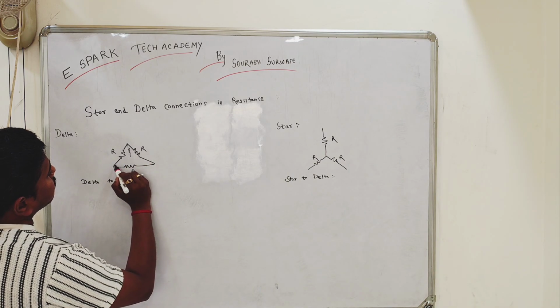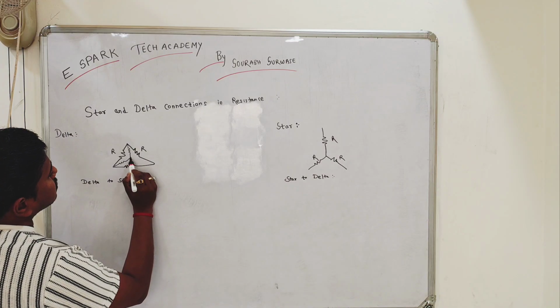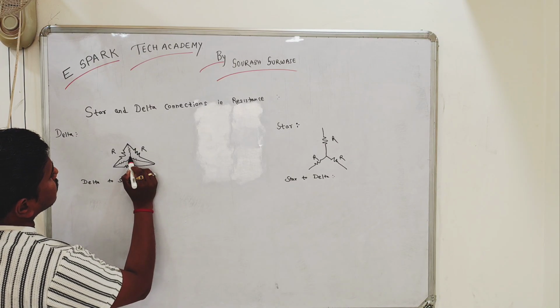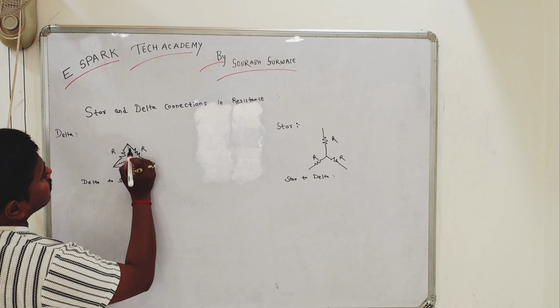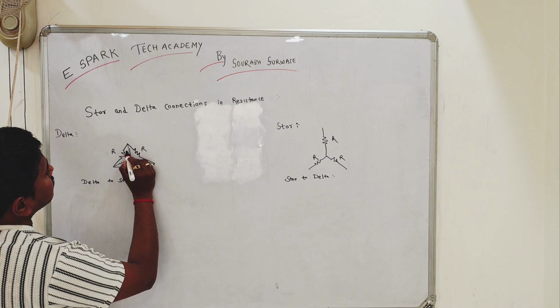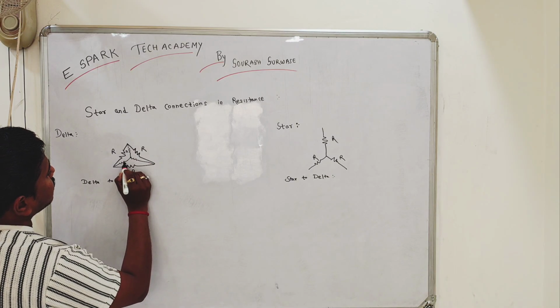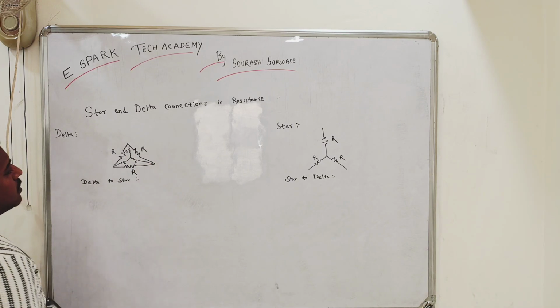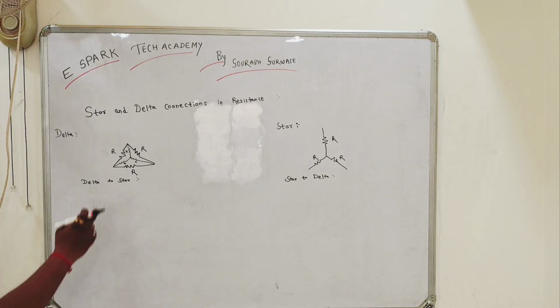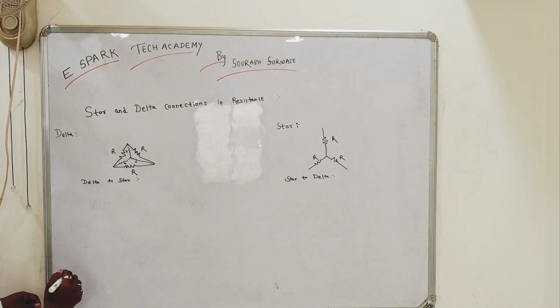multiply the adjacent resistors. Let it be A, B and C. The value of resistors will be A, B and C in star.